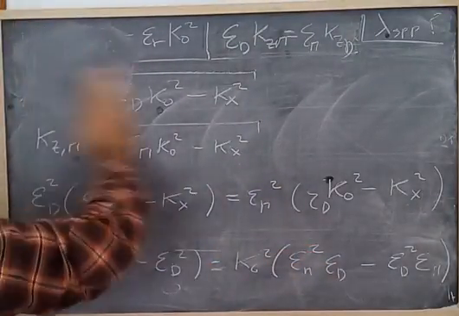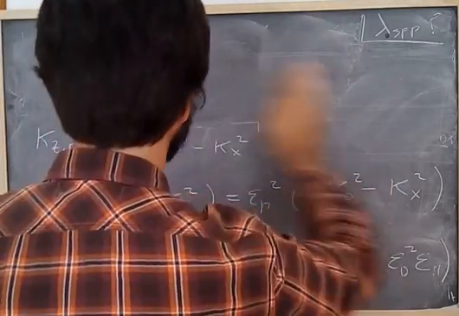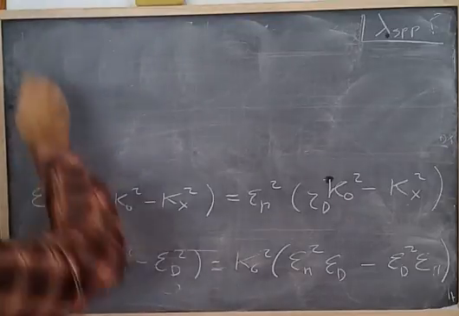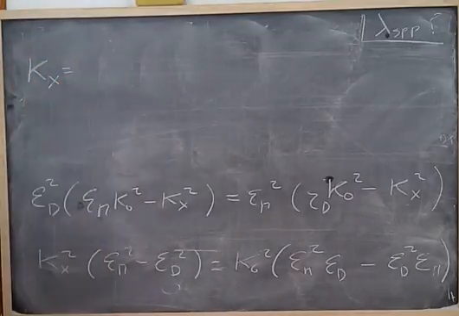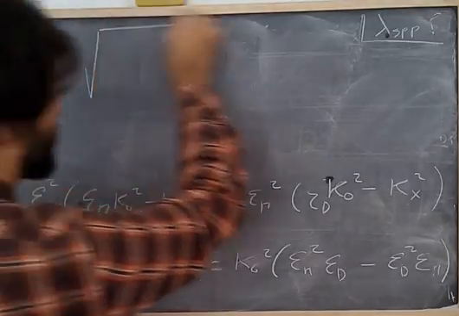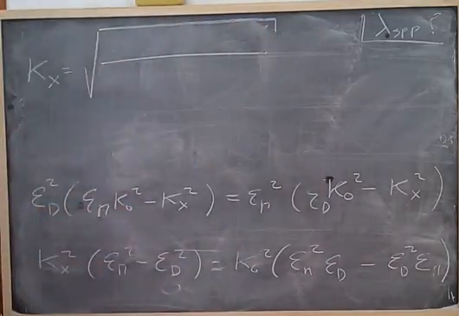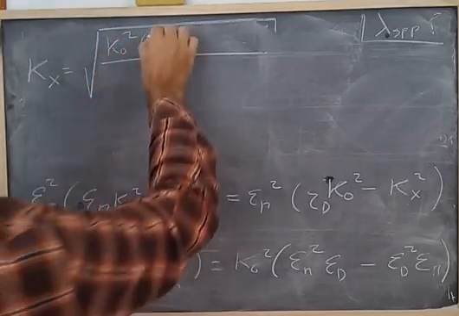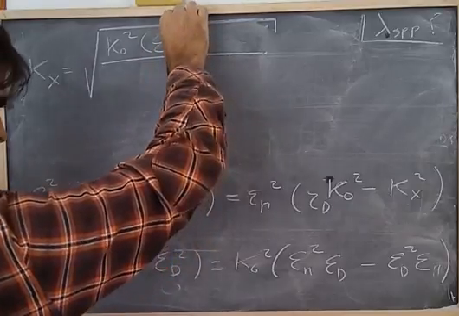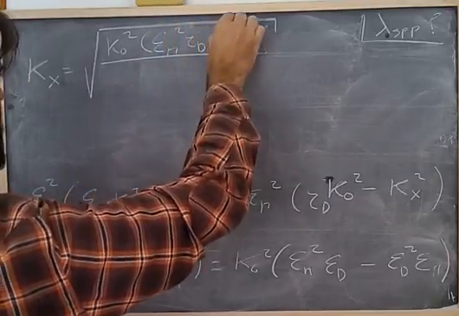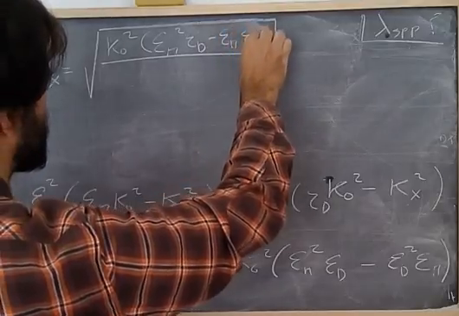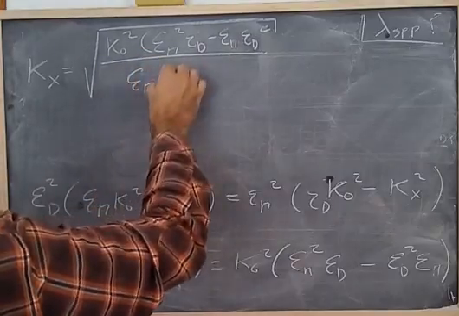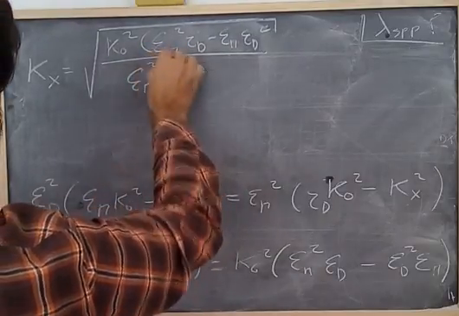Now I can say that kx is equal to the square root of k0 squared multiplied by (epsilon m squared epsilon d minus epsilon m epsilon d squared) divided by (epsilon m squared minus epsilon d squared).